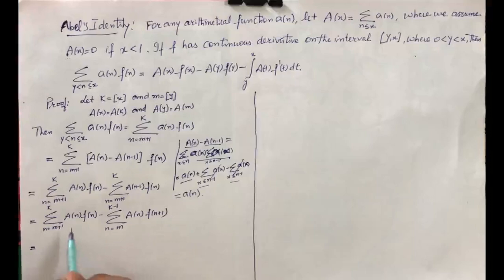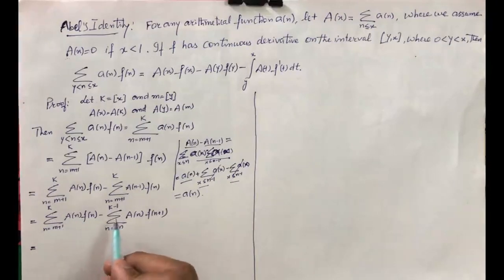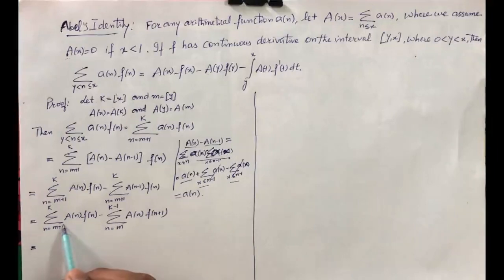So now we try to make the two summations equal. For that, we will expand this summation for its last term and the second summation for its first term.